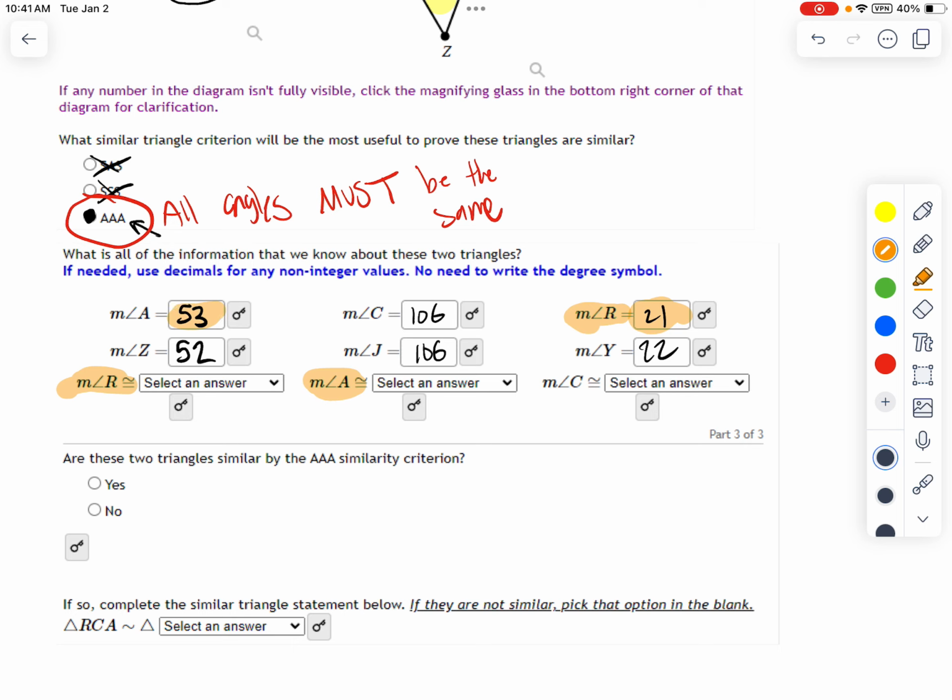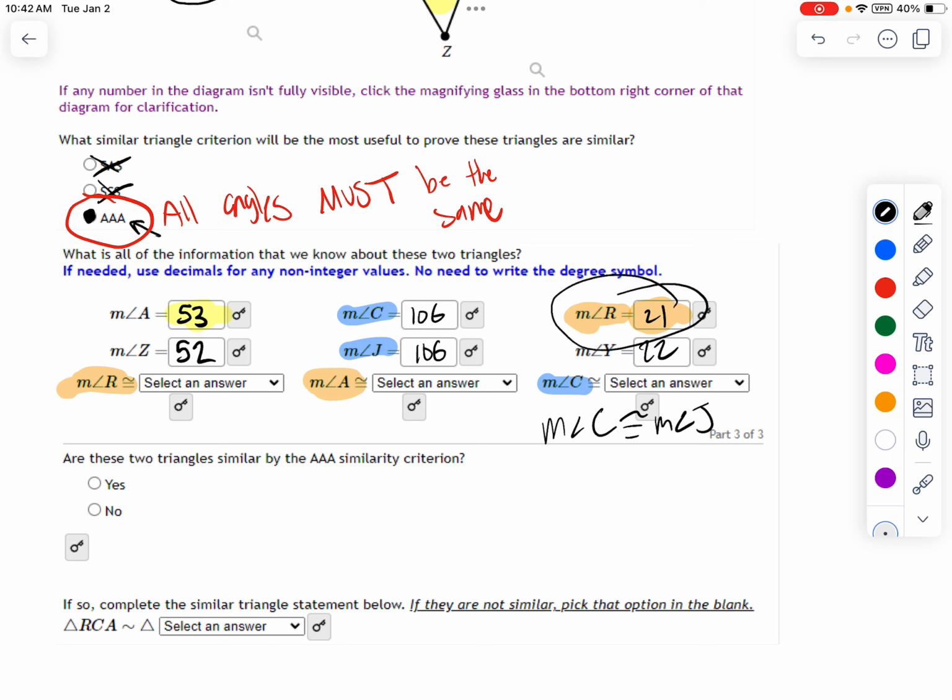Measure of angle A is 53. 53 is not the same as any of these, so you'd still pick the not congruent option. And last but not least, we have this last one, measure of angle C. It is the same as J, which means it would be measure of angle C, and then you'd pick the other option, measure angle J. If all of them were similar, then you would pick whatever R matches to, which would probably be Y, and A would probably match to Z if they were the same number.